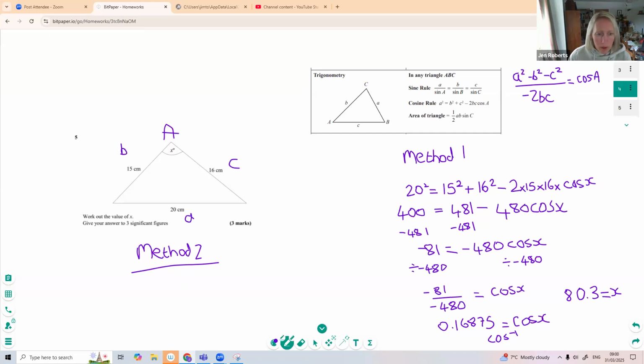So we've got 20 squared minus b squared minus c squared over minus 2 times 15 times 16 equals cos A or cos x. Type that into your calculator.